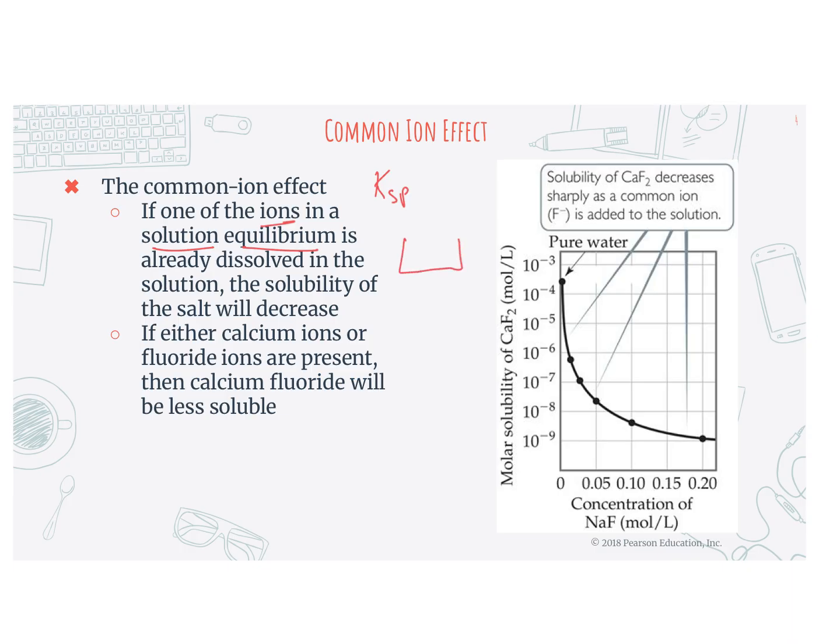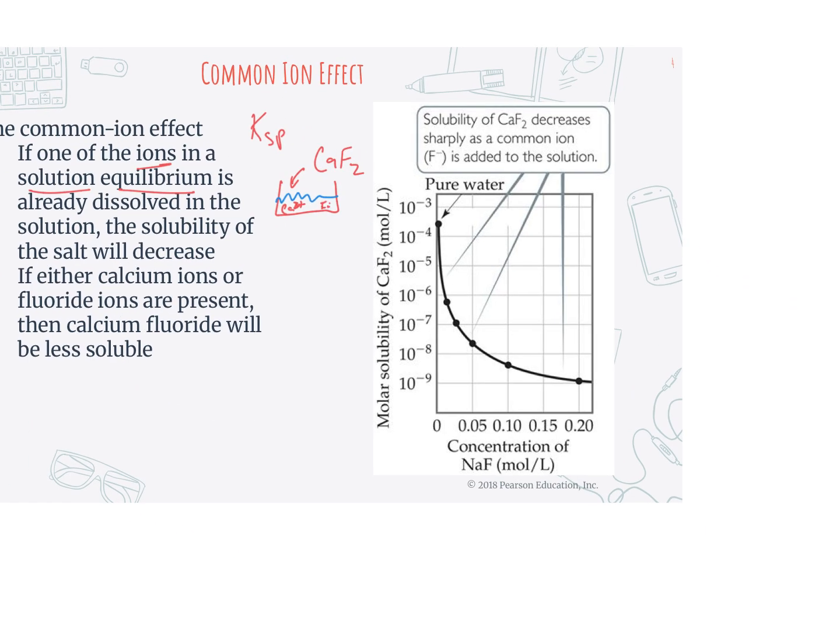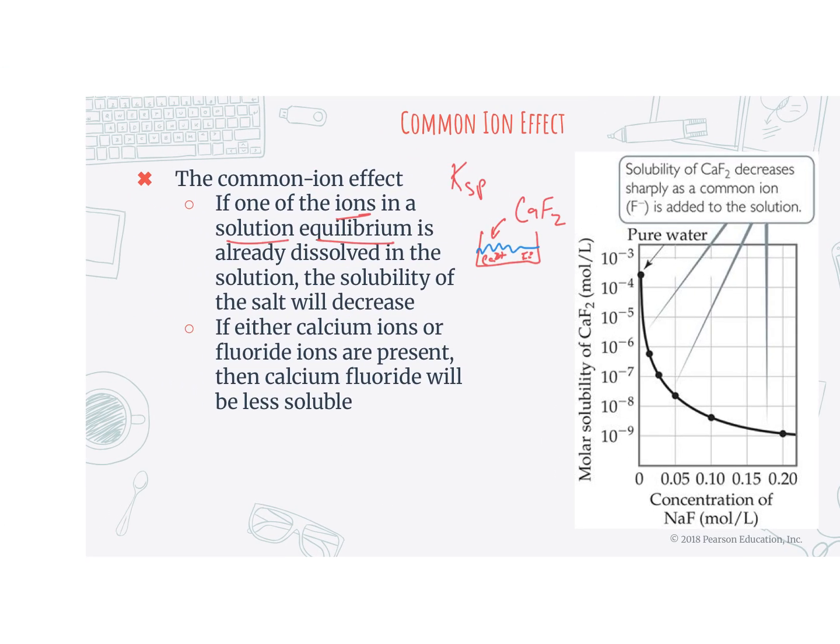So basically I have my little container here. I have some water, and I already have, say, CaF2 dissolved in there, right? So I have some Ca2+, and I have some F- already dissolved in this water. What it's saying is, it's already dissolved, so the solubility of the salt will decrease.